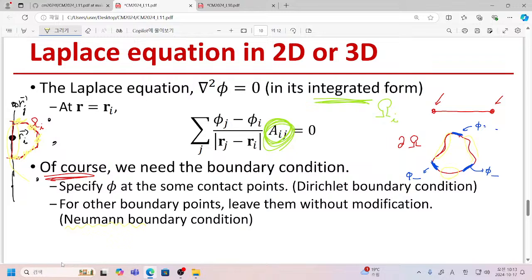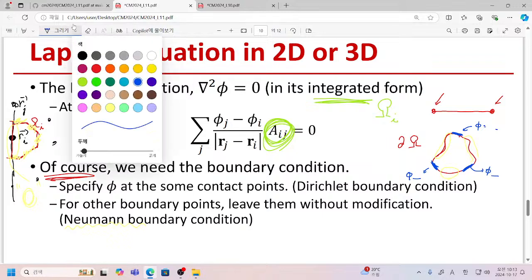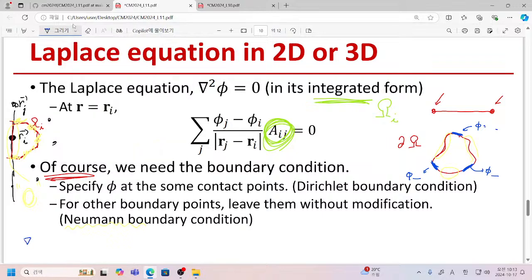boundary surface. However, if we do not do anything, it means that the flux, or normal component of the gradient of phi along this boundary surface, happens to be set as 0. Simply speaking, by doing nothing, we are now saying that on the boundary it is 0.